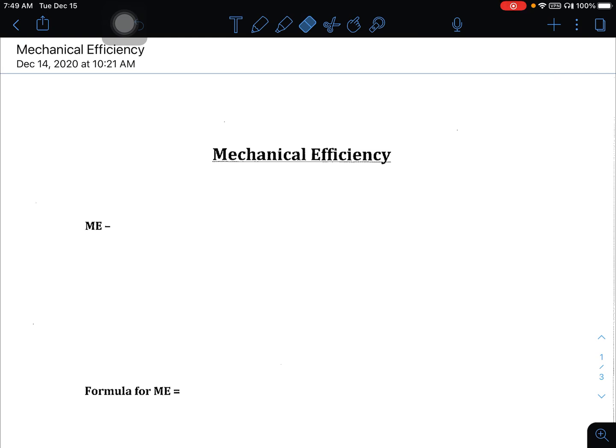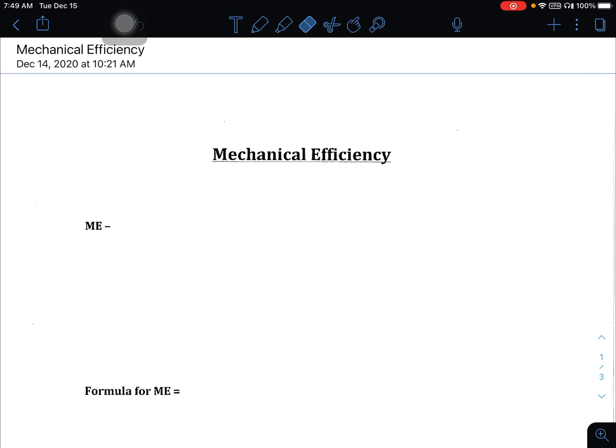So, yesterday we talked about this concept called mechanical efficiency, right? Mechanical efficiency is comparing work that is done by a machine to the work that the machine does to an object, right?